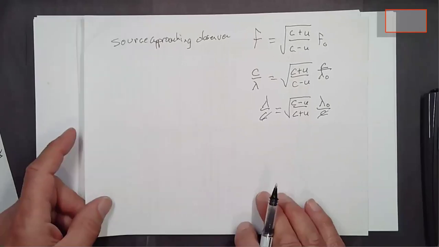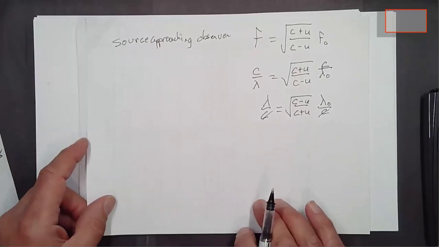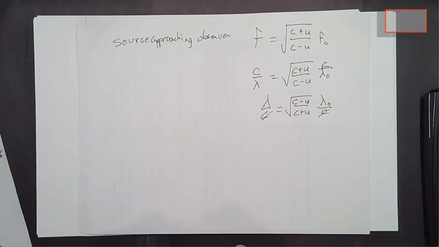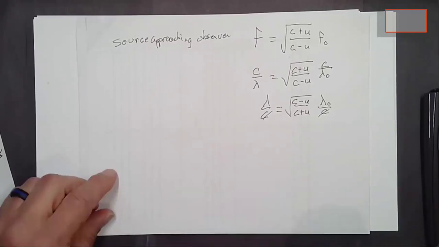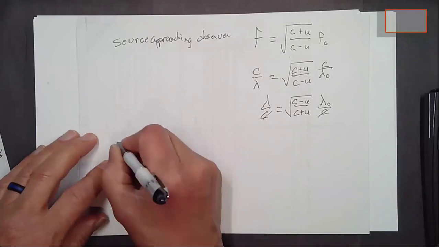There's also a transverse Doppler effect. If a light source is moving with respect to you and part of its velocity is transverse, then there's a Doppler effect that happens in that case as well.